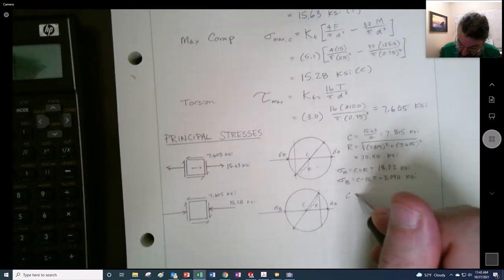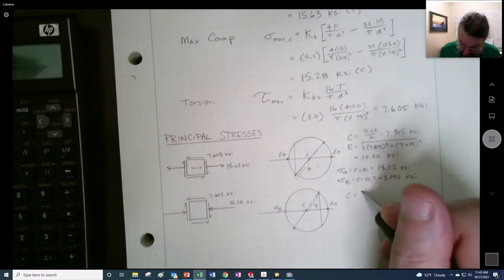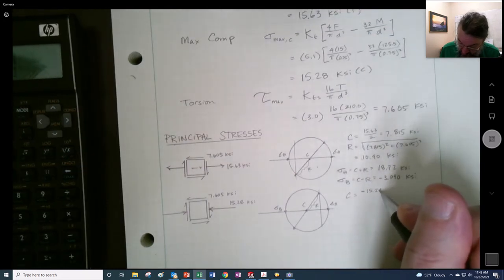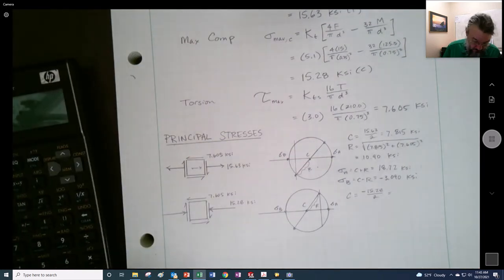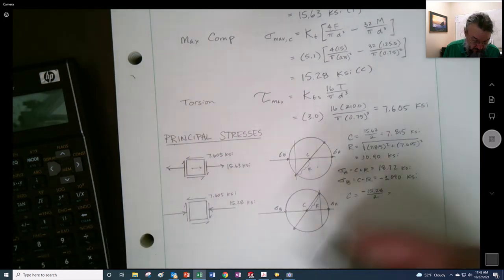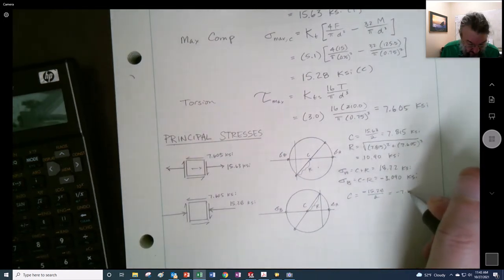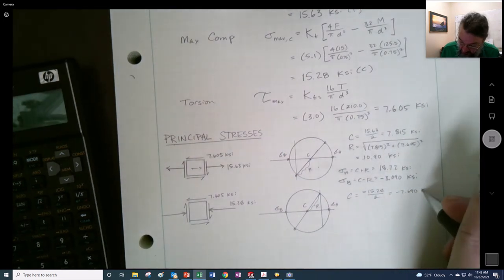So let's say that C is just going to be negative 15.28 divided by 2, and that's a negative 7.640 KSI.